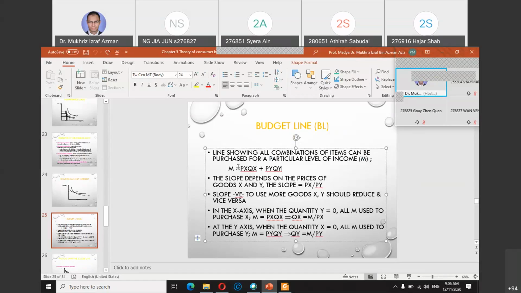So income equals the price of X multiplied by the quantity of X, plus the price of Y multiplied by the quantity of Y. So it's just a simple equation.